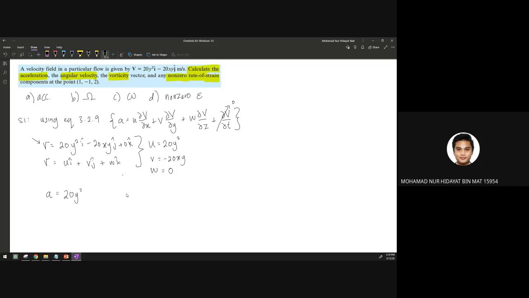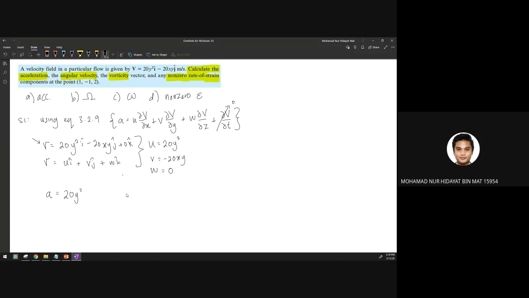There is no x component, so it becomes 0. Then the next part, negative 20xy, differentiated in terms of x. Do you get 0? I don't think so. You will get negative 20y. Amirul Hakim understands, Afiq Rohaizam understands.